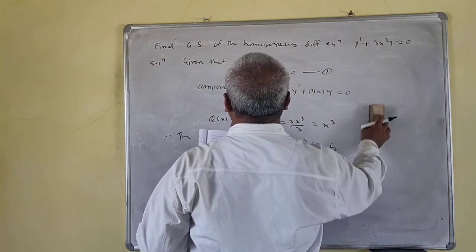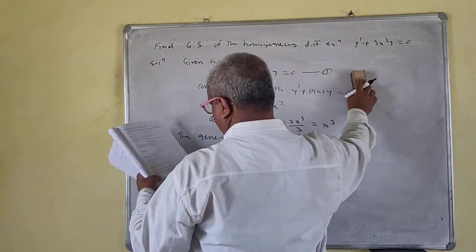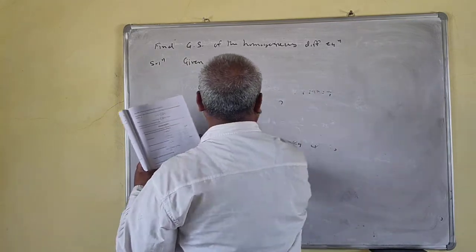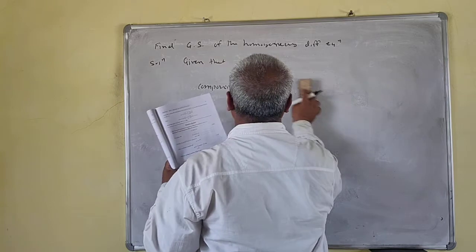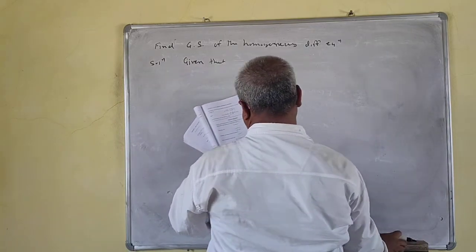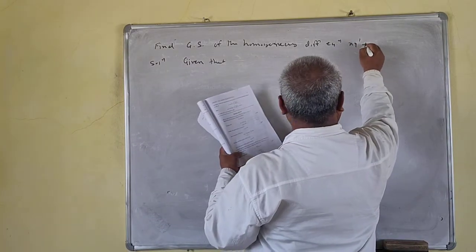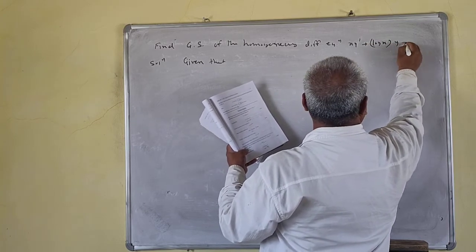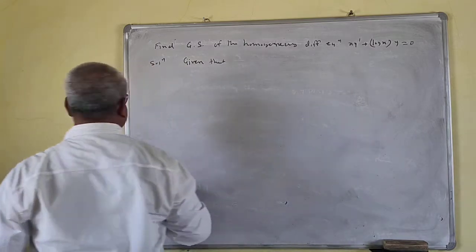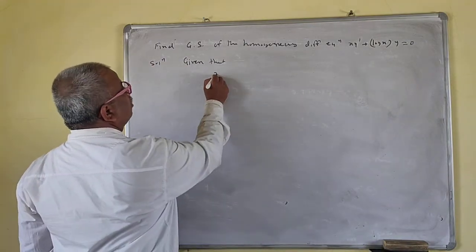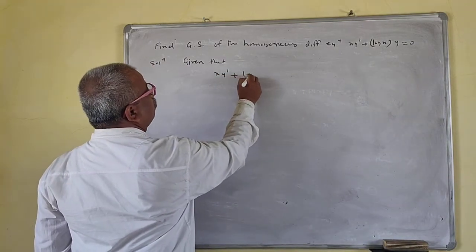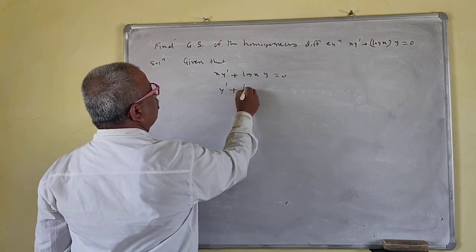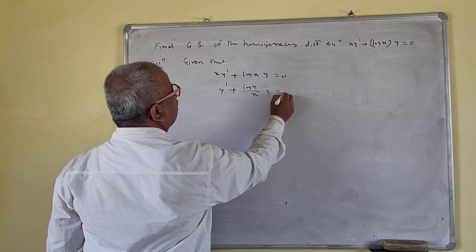Next, find a general solution of the homogeneous equation x y prime plus log x y is equal to 0. Solution: given that x y prime plus log x y is equal to 0, you can shift this to get y prime plus log x upon x times y is equal to 0.